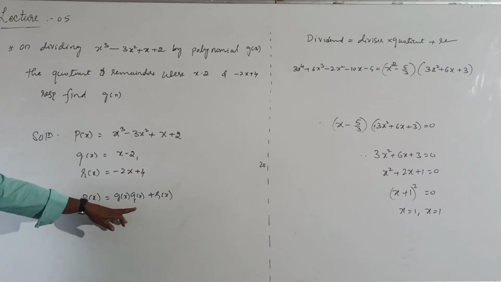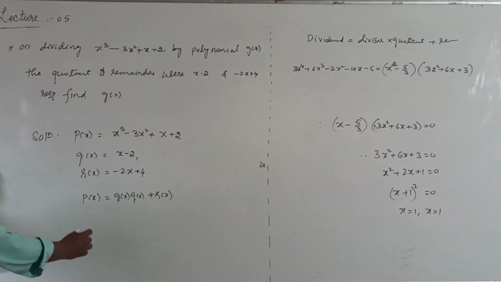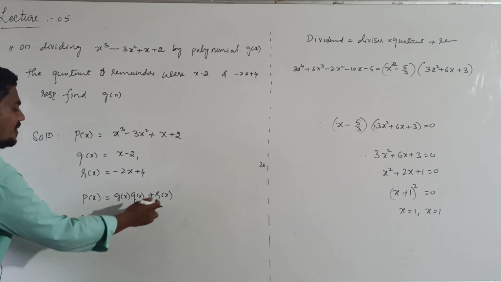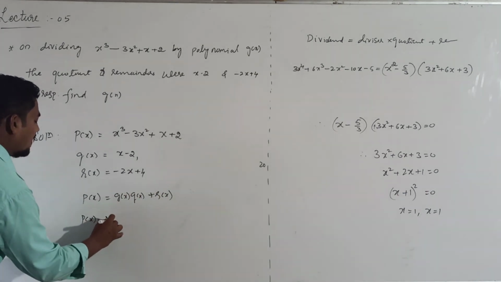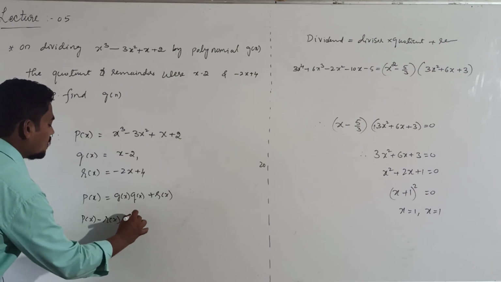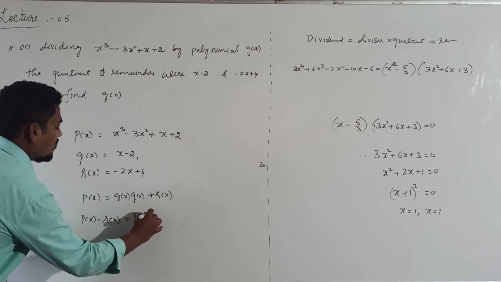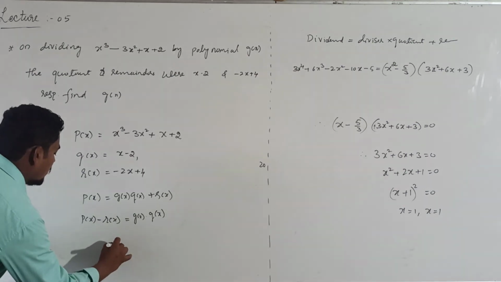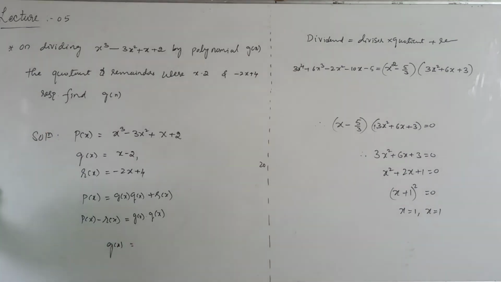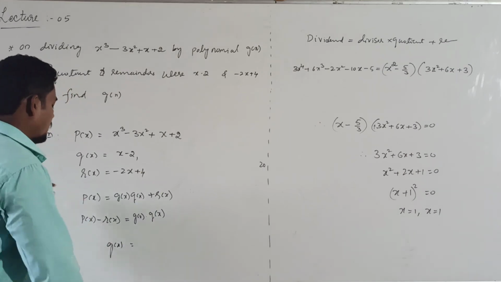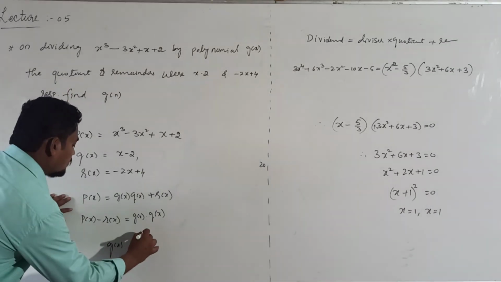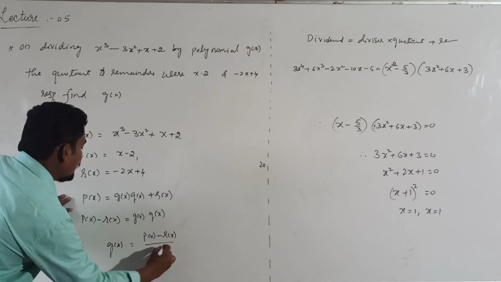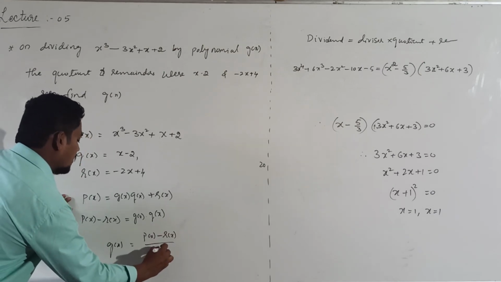We need g of x, so take the remaining term to the LHS. Then p of x minus r of x equals g of x into q of x. Our requirement is g of x, the divisor. So g of x equals p of x minus r of x, divided by q of x.